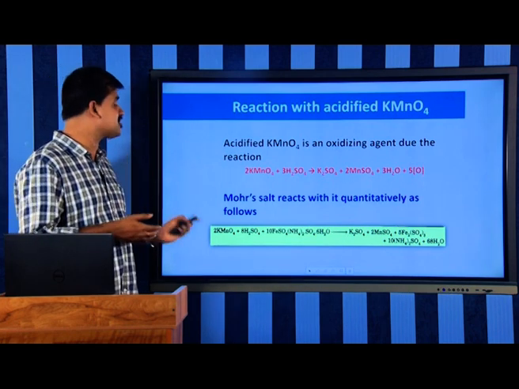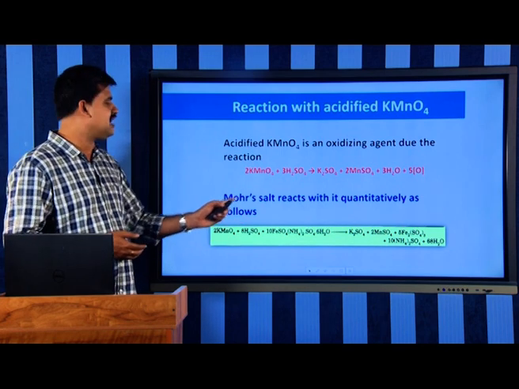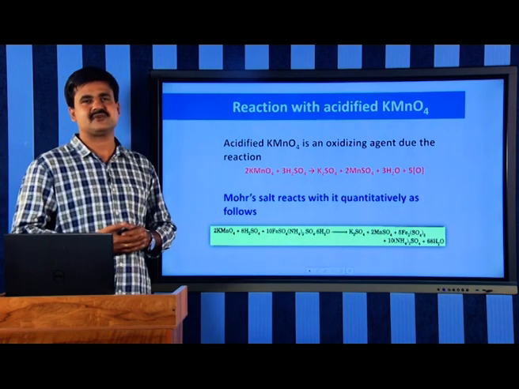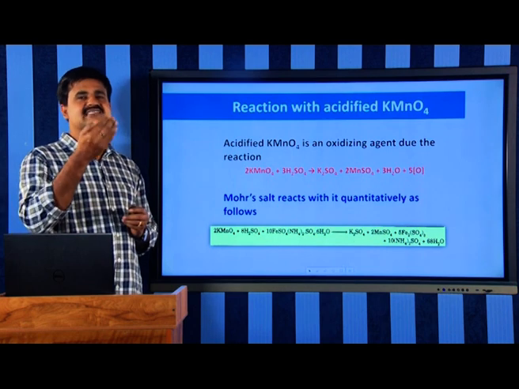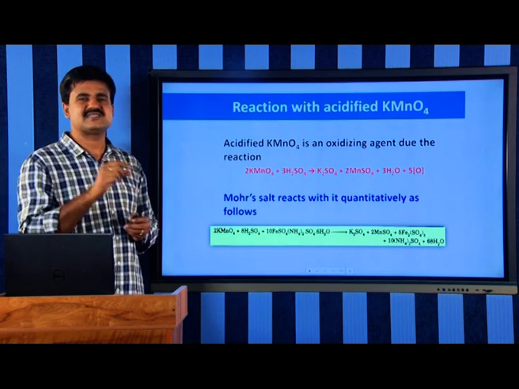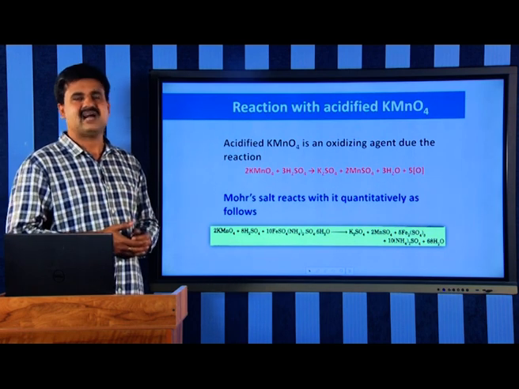The redox reaction between them is shown in the balanced form as this. And as per this balanced equation, we can quantitatively react acidified KMnO4 and Mohr's salt. This forms the basis of redox titration in volumetric analysis.